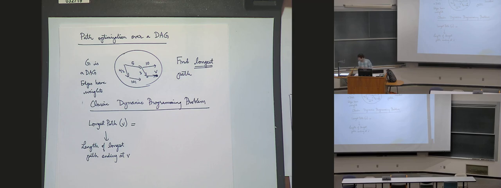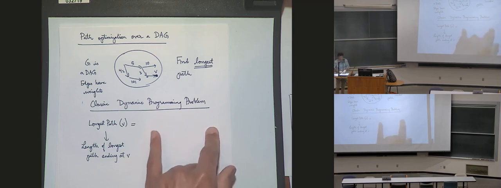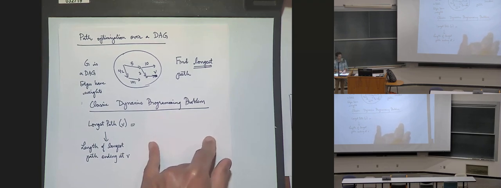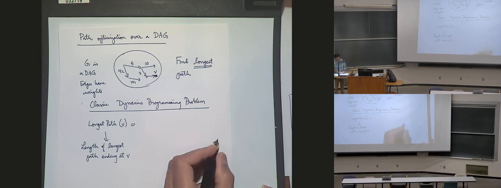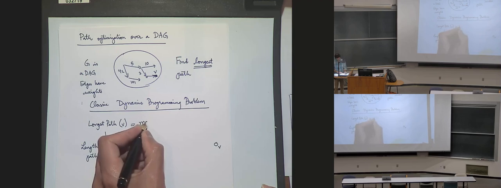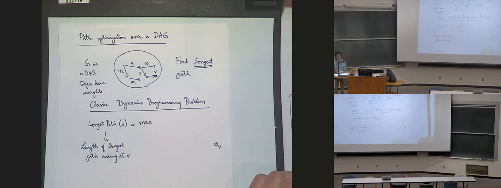Okay, so how do you write this? Exactly, it's something to do with neighbors. What is the recurrence you would write over here? Max, for all in neighbors. Yep.